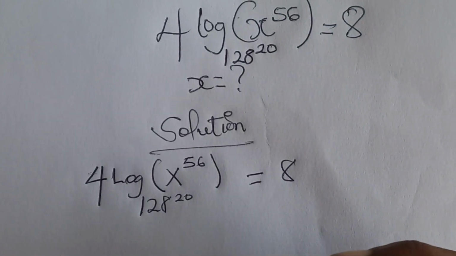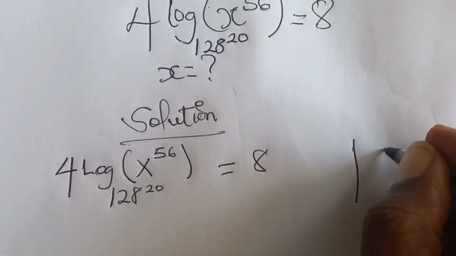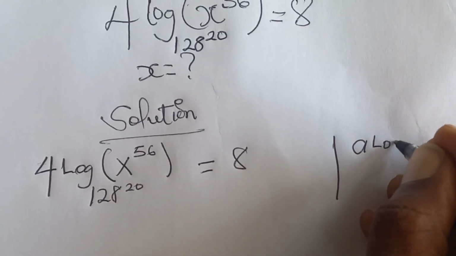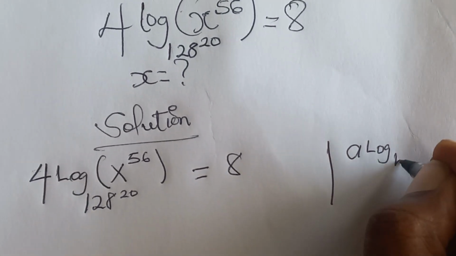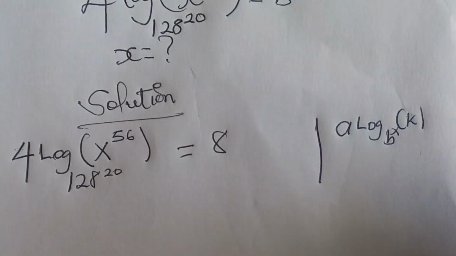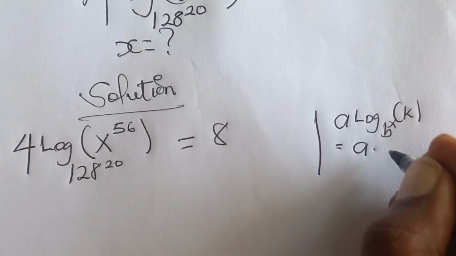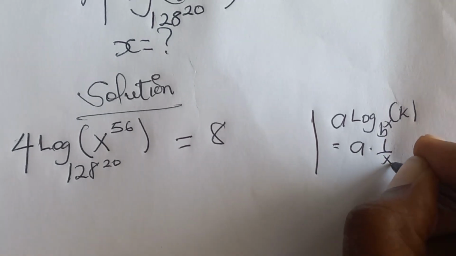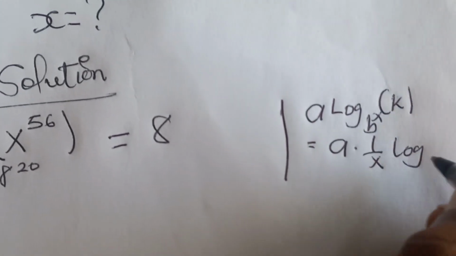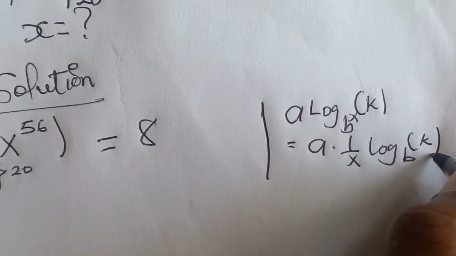Now in algebra, we have log base b of x exponent k is the same as k multiplied by 1 on x log base b of x, like this.